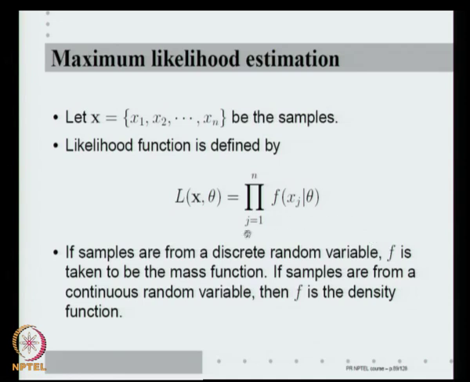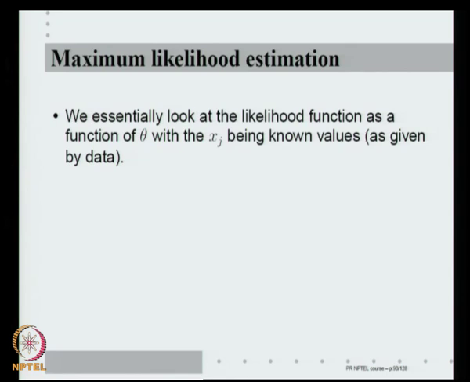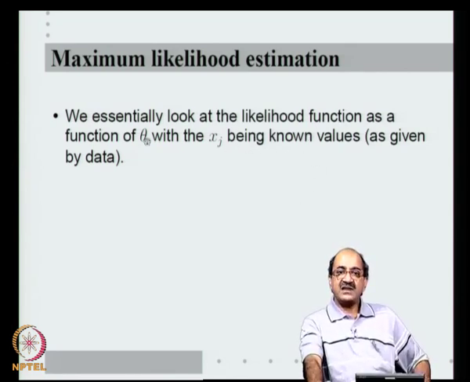Intuitively, if it is the mass function, this product gives you the probability of obtaining the sample. If it is density, of course, it is not a probability, but even then it is called the likelihood. The reason for calculating likelihood is not about x_j, because when I am estimating, I have a specific sample and I am estimating theta. So, we always think of likelihood as a function of theta with the sample being known.